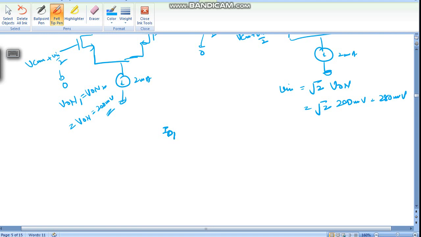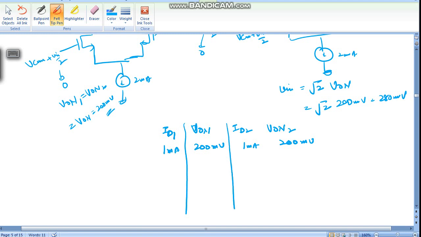Okay, we can understand this in this way. Say ID1, this is VON1, this is ID2, this is VON2. Initially VON1 and VON2 are 200 millivolt, ID1 and ID2 are 1 milliampere, and Vin equals 0. Now this goes to 0.